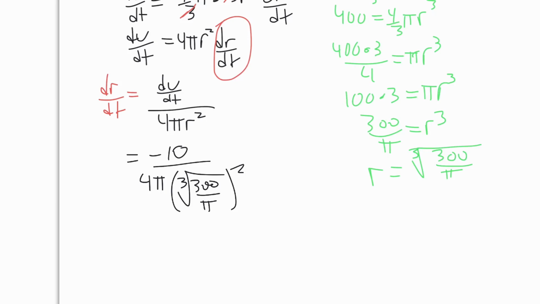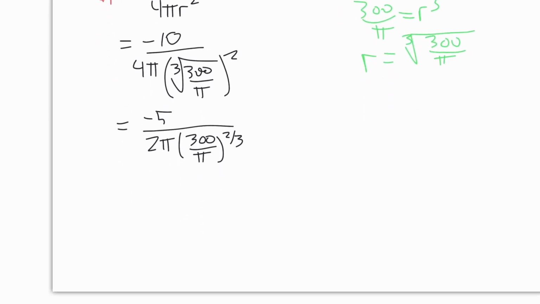Well, the 10 over 4 could simplify as 5 over 2, but that's about all I can do. Maybe I could rewrite this power in the bottom, so I'll have negative 5 over 2 pi, and I guess I could write this as 300 over pi to the 2/3. But I certainly can't do the 2/3 power of 300 over pi. There's no way to simplify that, and so this here would be our answer for dr/dt.